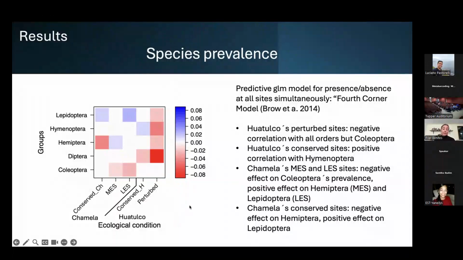And we see all kinds of results. Some of them are pretty weak and different. We don't see a pattern across Chamela and Huatulco, which was also expected because perturbed sites are not the same in Huatulco as in Chamela. What I would like to point out is that perturbed sites in Huatulco negatively affected almost every order but Coleoptera.